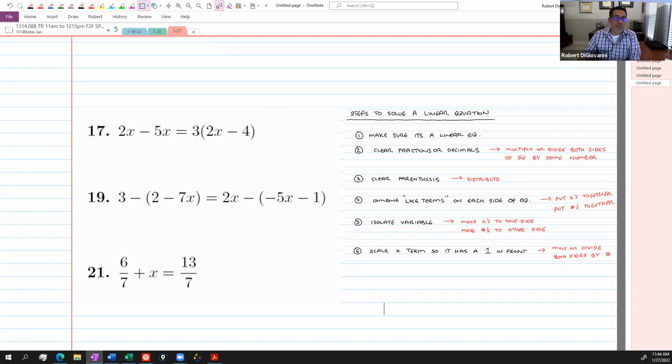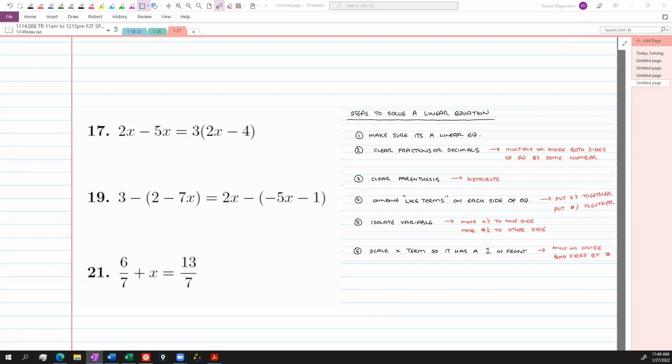I'll be here if you need me. You can send me a chat or you can just turn on your mic and ask a question. The goal of this is not for you to type this into some computer program that's going to solve it, or programs where you can take a picture of a problem and it'll solve it. I want to see you do this by hand.